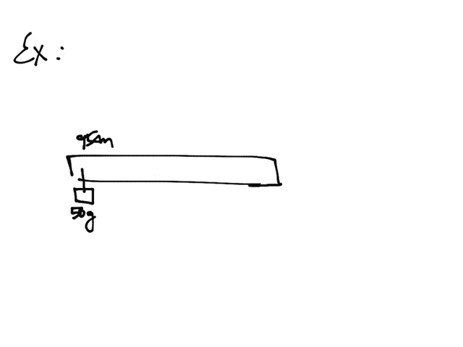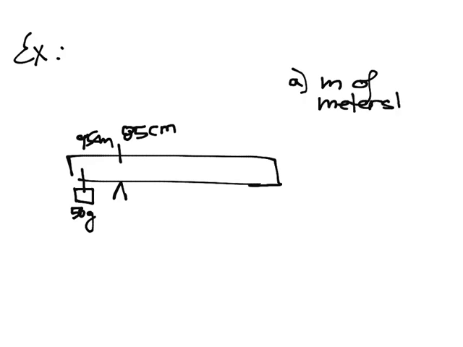So we have 50 grams at 95 centimeters, and let's say that it's balanced if your pivot is at 85 centimeters. And my question is, A, what is the mass of the meter stick? And B, what is Fn? Okay, so what's the force right here from the pivot?